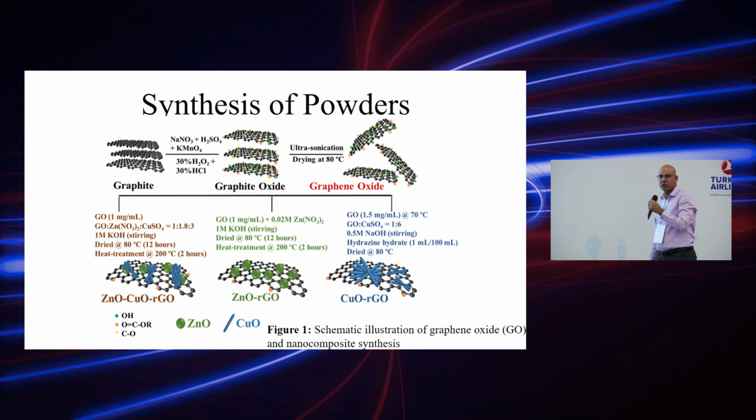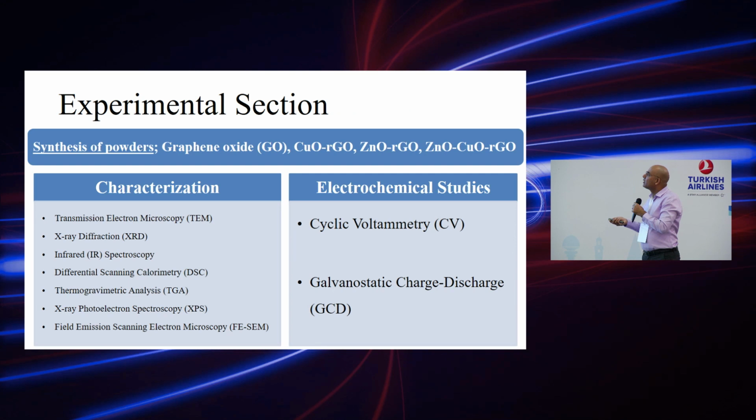I'm going to show you some SEM and TEMs in a little bit. And then we have zinc oxide, reduced graphene oxide, which is basically spheres. Finally, we have the ternary nanocomposite of zinc oxide, copper oxide, and reduced graphene oxide, where you could see a combination of rods and spheres on the reduced graphene oxide. So this is about the synthesis.